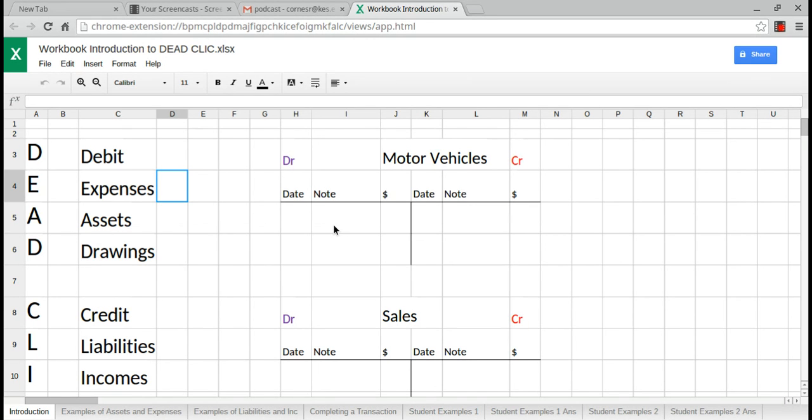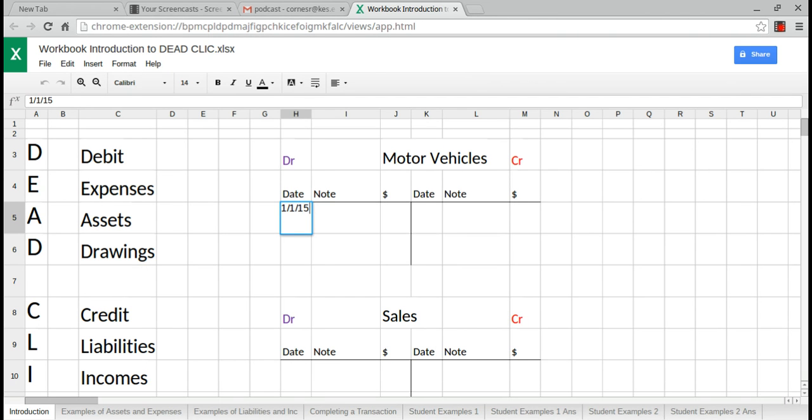In this case, we're going to look very quickly at how to fill in a ledger account. Imagine that we've purchased a motor vehicle for $3,000. Every time we do an entry, there needs to be a date. I'm just randomly going to pick the 1st of January 2015.